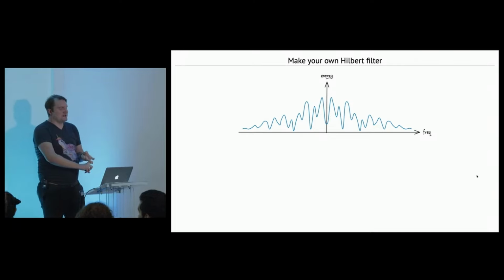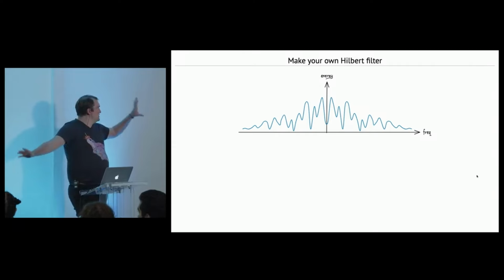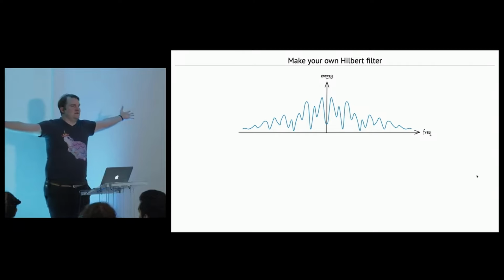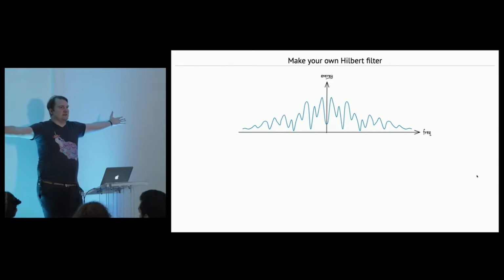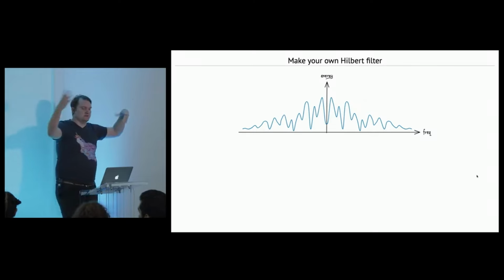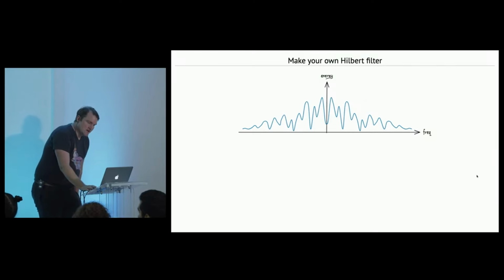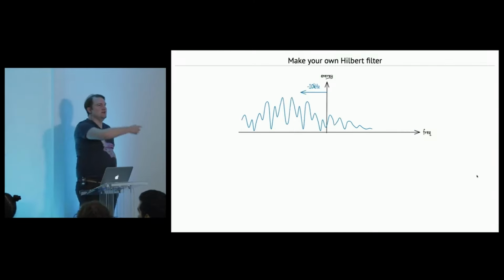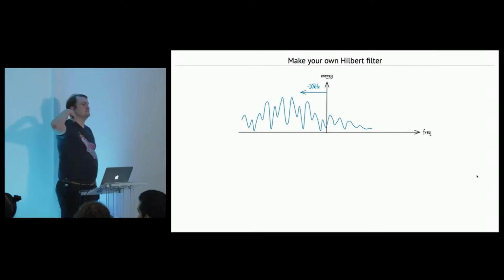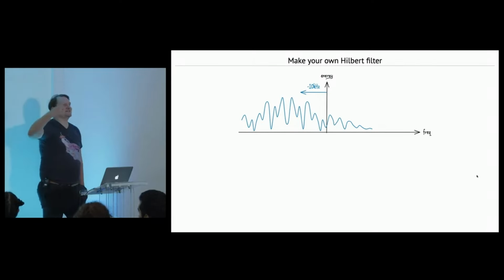Maybe it's JUCE. But you start with this real signal, which has a spectrum like this. It's all symmetrical and reflected and conjugate. You down modulate it by 10 kilohertz. This is done by just multiplying it against a complex exponential that's oscillating at minus 10 kilohertz.